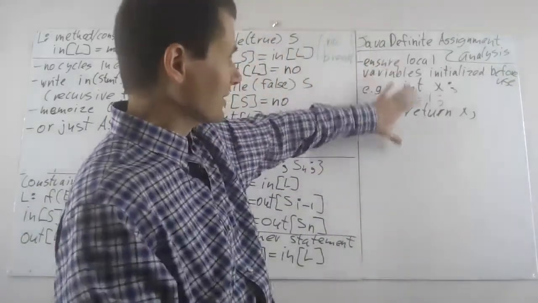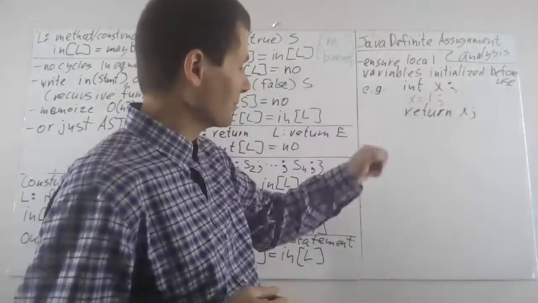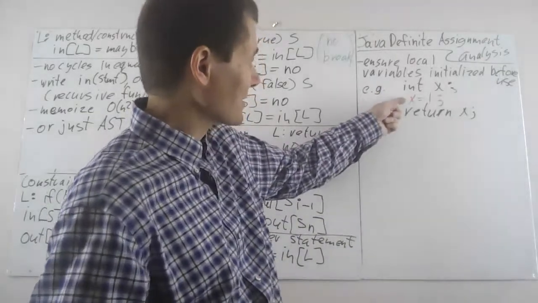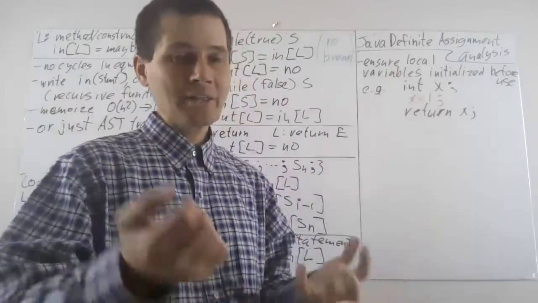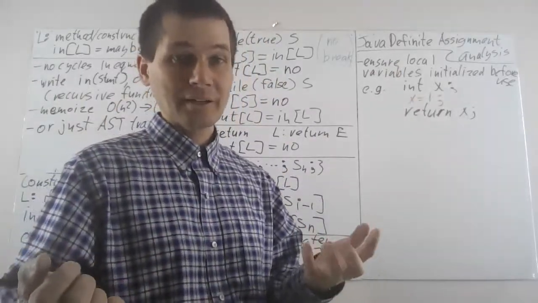In a straight line example like this, maybe it's obvious, like there has to be an assignment to X somewhere in between. But keep in mind that you could have control structures, right?